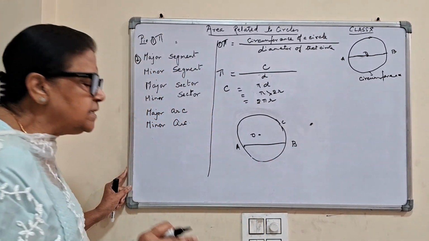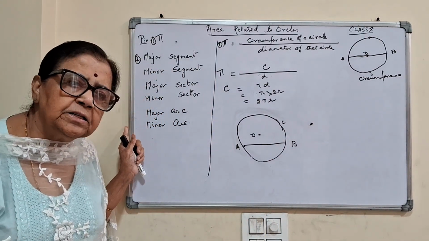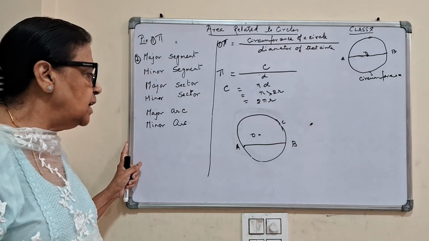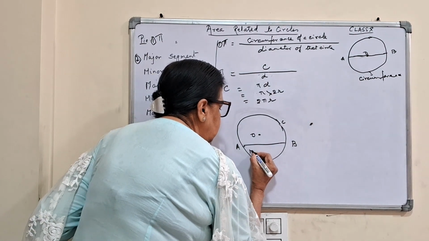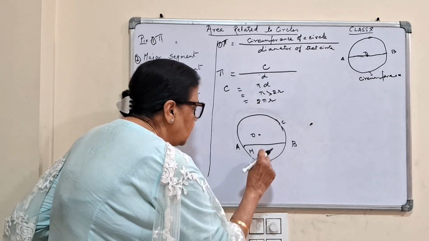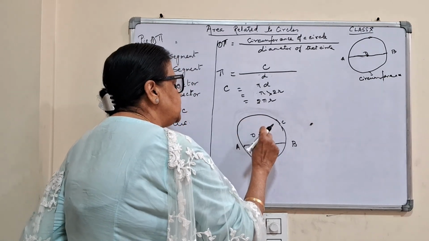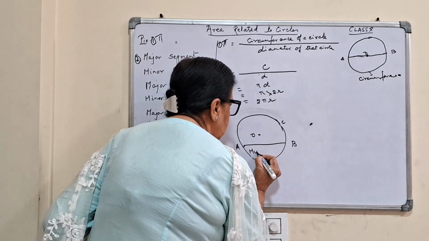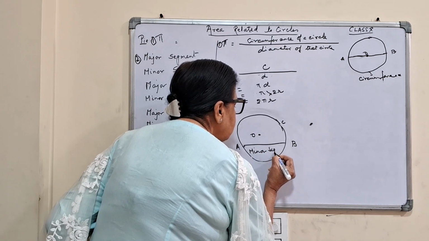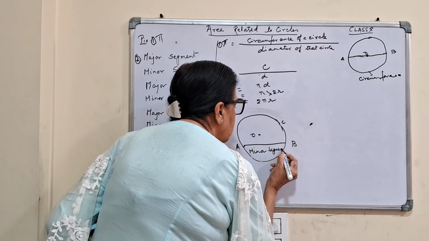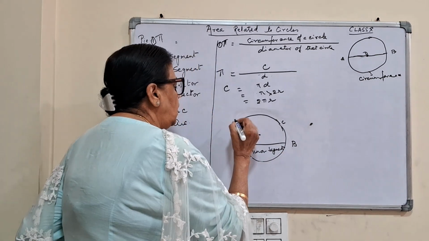Chord AB divides the circle into two parts. This is called the minor segment. These are the segments, two parts means two segments. This is called the minor segment, and this is called the major segment.